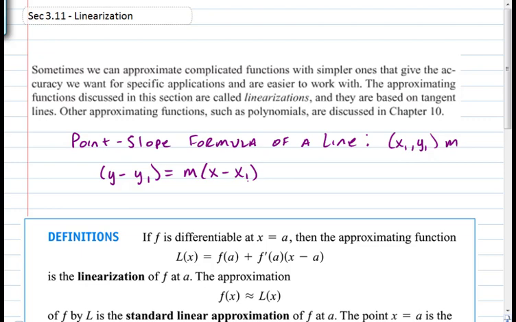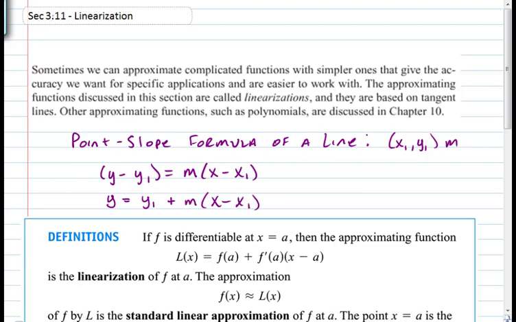Y equals mx plus, oh, that's the slope formula, general, yeah. Okay, if we solve this equation for y, we're going to end up adding this y1 right here plus m times x minus x1, right?